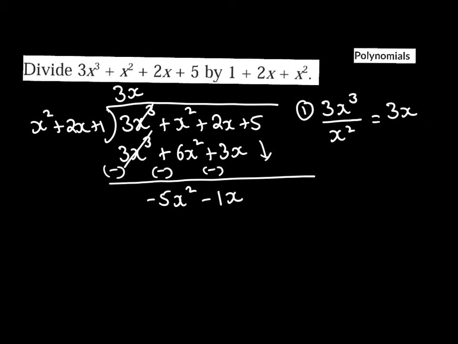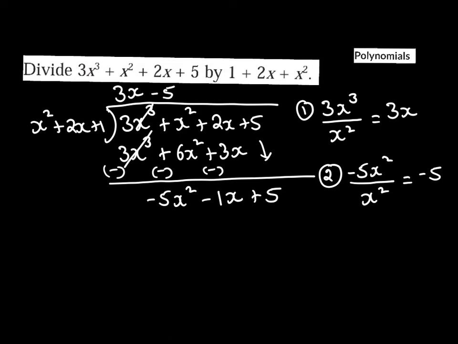And we bring down the other term plus 5. Now we can find out the second term of our quotient. Take the highest degree term of the new dividend, which is minus 5x squared, divided by the highest degree term of the divisor, which is x squared.